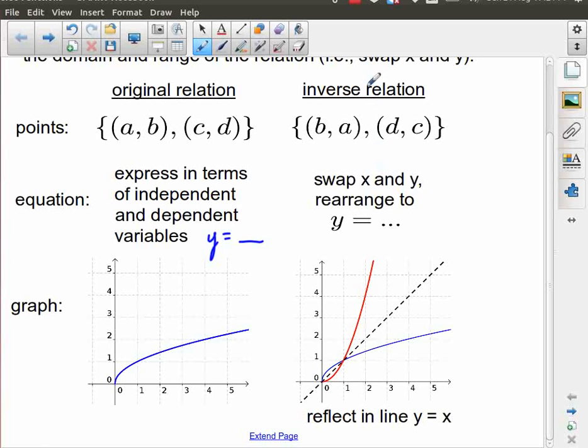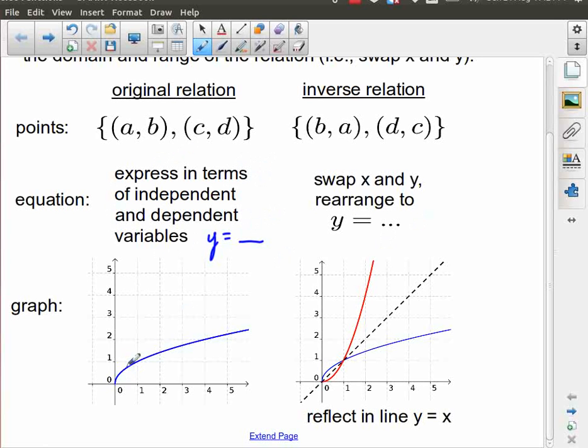When you switch from y equals, you swap the x and y variables and then rearrange it back into the form y equals. When you make that step, it's very possible that this inverse that you've created might not be a function. So usually you'll be starting with a function in this case.